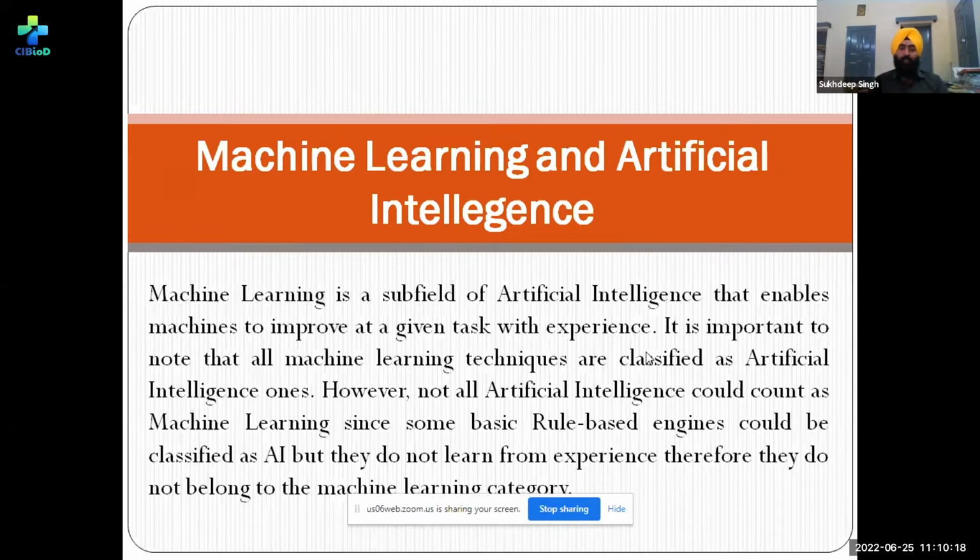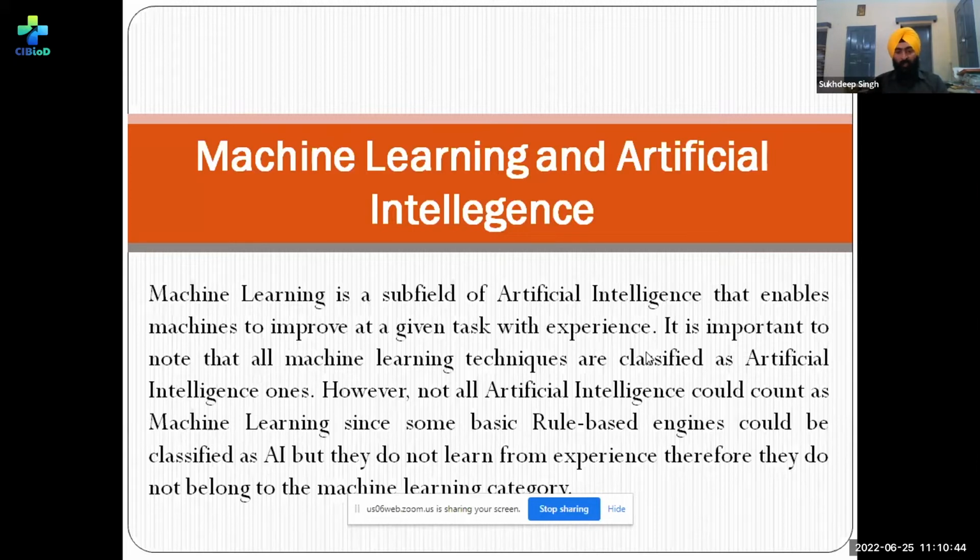Artificial intelligence is a subdomain of computer science, and machine learning is a kind of artificial intelligence, a special type that learns with experience.